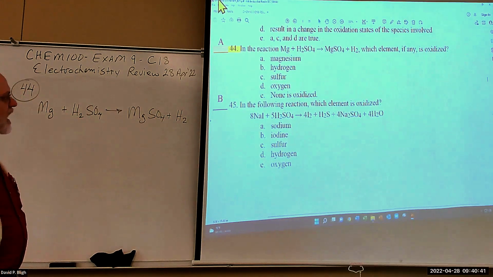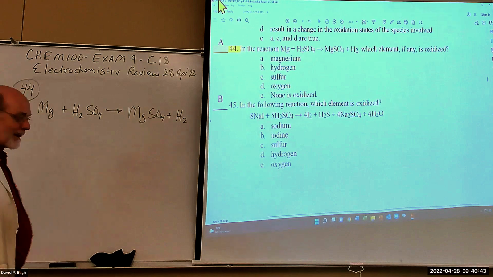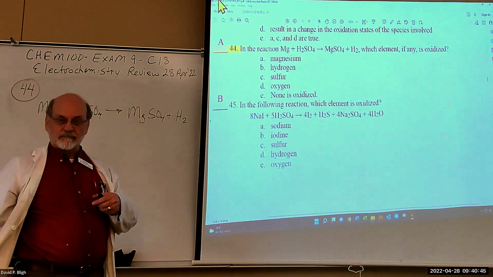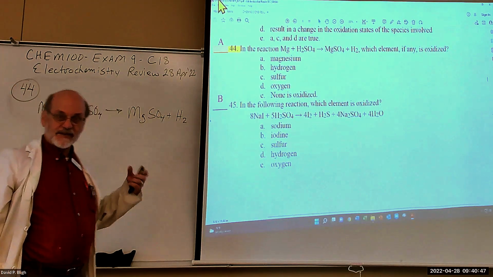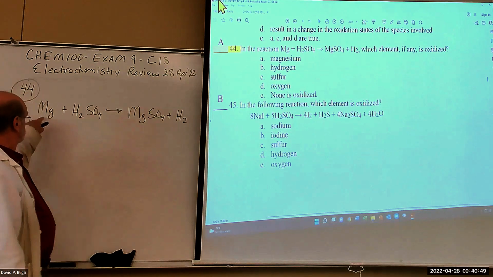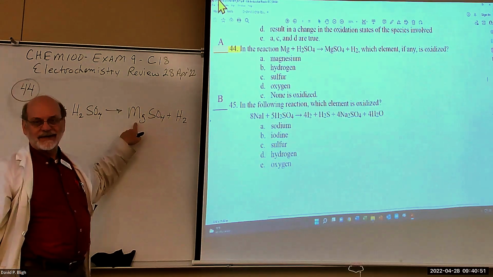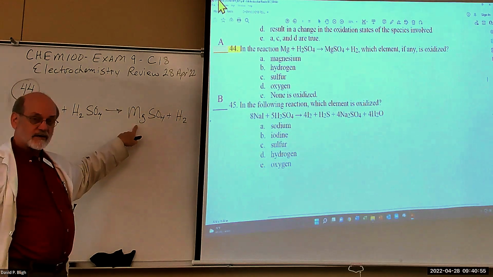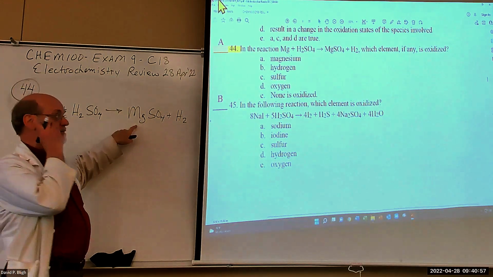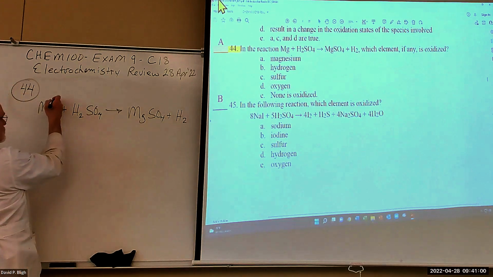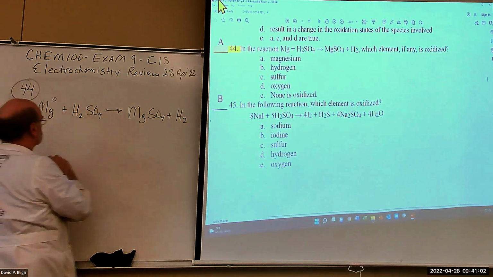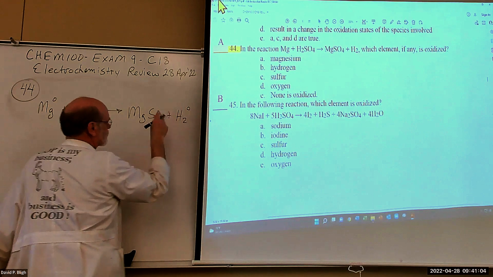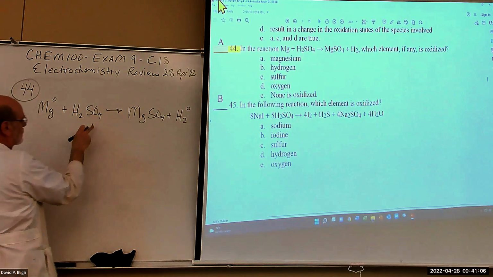Which element, if any, is oxidized? Well, is this an oxidation reduction? There's an element, it's in a compound. Yes. So if it's a redox reaction, something has to be oxidized. And so let's do some bookkeeping here. 0 and 0 for those elements.